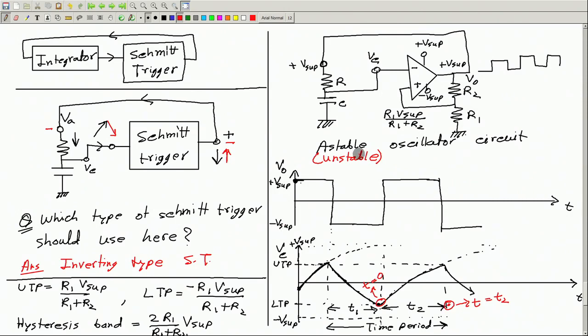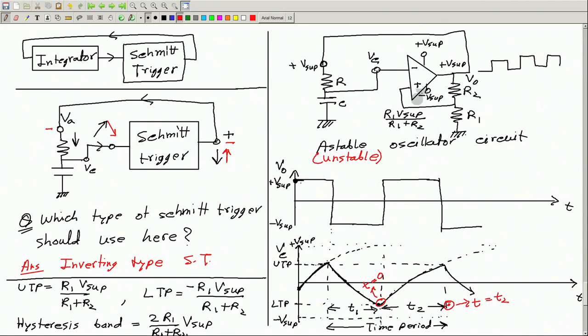This is something which is not happy in either high output or low output. When the output is high, after a while it makes the output low, but even then it is not happy. After a while it makes the output high.